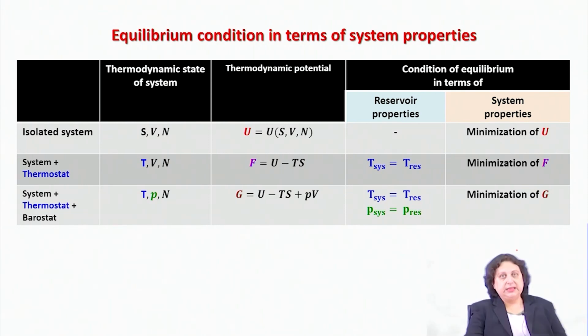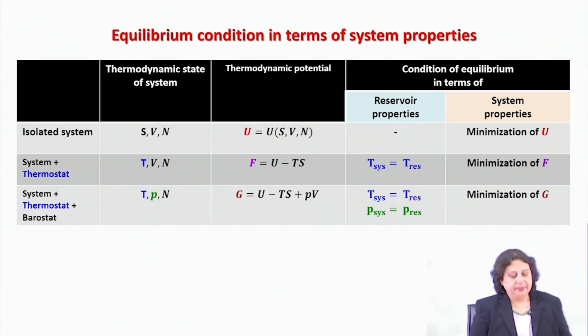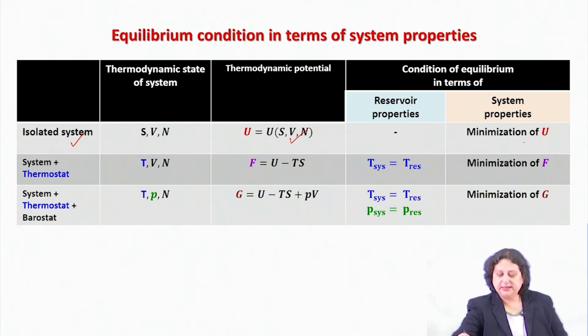We have seen that the equilibrium condition for an isolated system is that I have this thermodynamic potential U, and if I think about the condition of equilibrium entirely in terms of the system properties, I find that the minimization of U is what decides what would be the new equilibrium state of this isolated system as it undergoes a change in state.